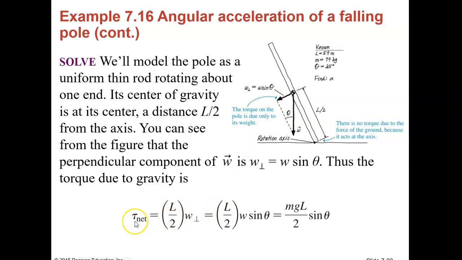Force times distance is torque. Well, your distance is half of your L, and the force is the sine of theta times your weight. So we can rearrange it and say mass times gravity times length divided by 2 times the sine of theta is your net torque on this pole.